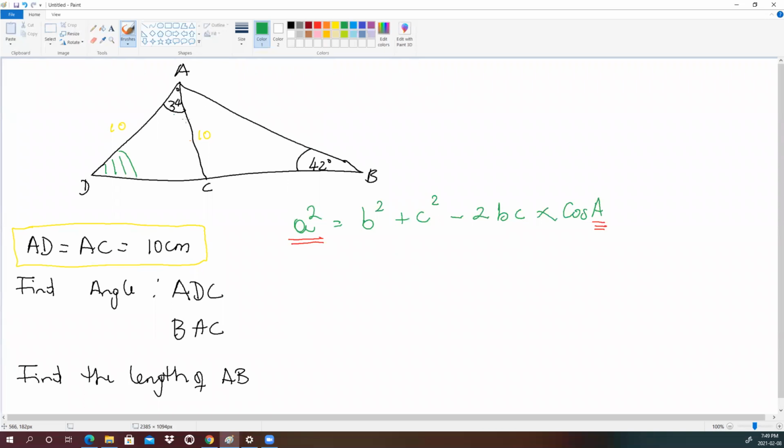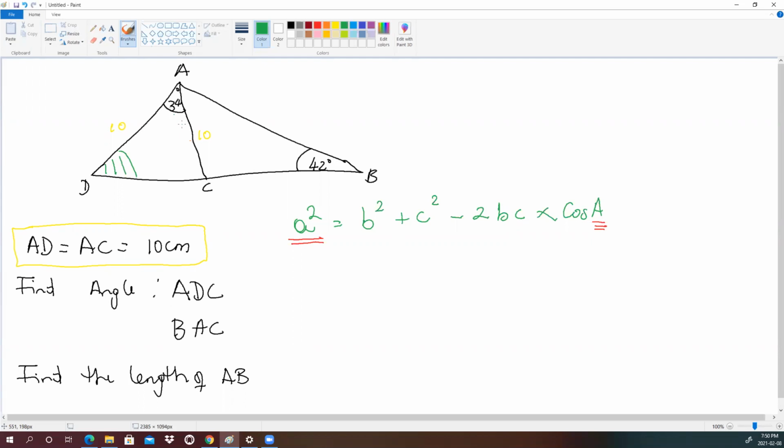Yes, go ahead. I'm saying, so basically, the cosine rule is to find the length of the side, and the sine rule will go for the angle. No, you can find a side or an angle with both of them. With both of them? Yes, you can.